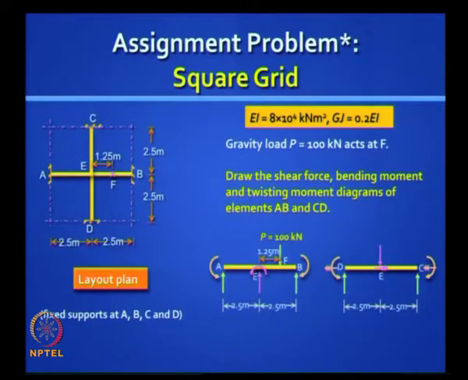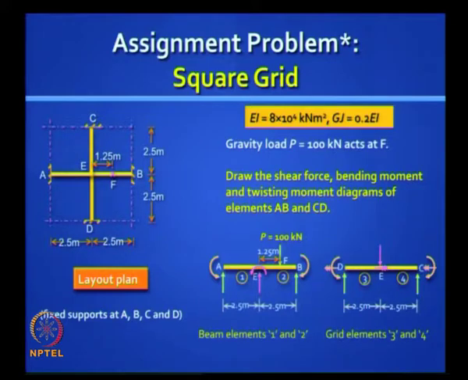Do you have beam elements or grid elements? Beam elements, right? And for CD you have a grid element. So it's similar to the other problem. Please try to predict the shapes of the bending moment and shear force diagrams, and then with these notations you can go ahead and solve the problem. This is the last problem in your assignment, which you should complete soon.